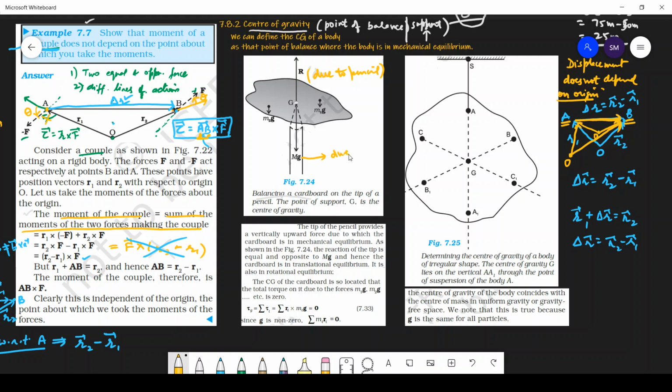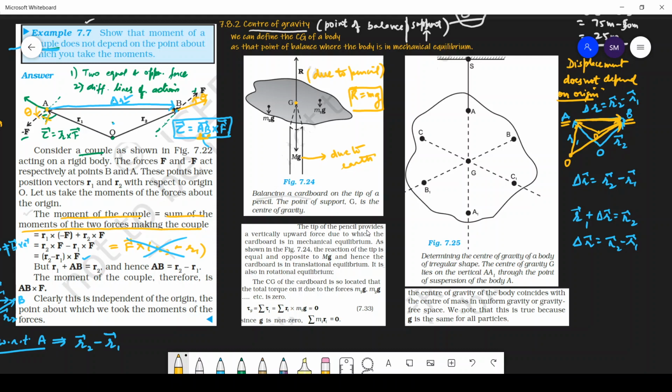So earth is pulling this cardboard down. So R is equal to mg. Of course they are equal and opposite, but their magnitudes are the same. So this point of balancing, this point of support, is the center of gravity.